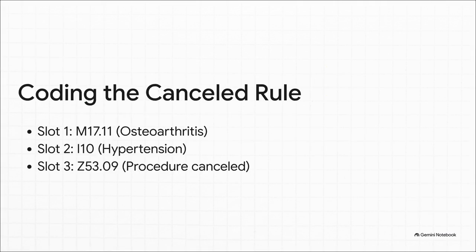Therefore, your osteoarthritis, that M17.11, stays firmly planted as your principal diagnosis. The hypertension, code I10, and the Z code representing the canceled procedure, Z53.09, those just get stacked right underneath as secondary diagnoses. If you put that hypertension first, you are going to fail that audit for sure. Always stick to the condition that occasioned the admission.